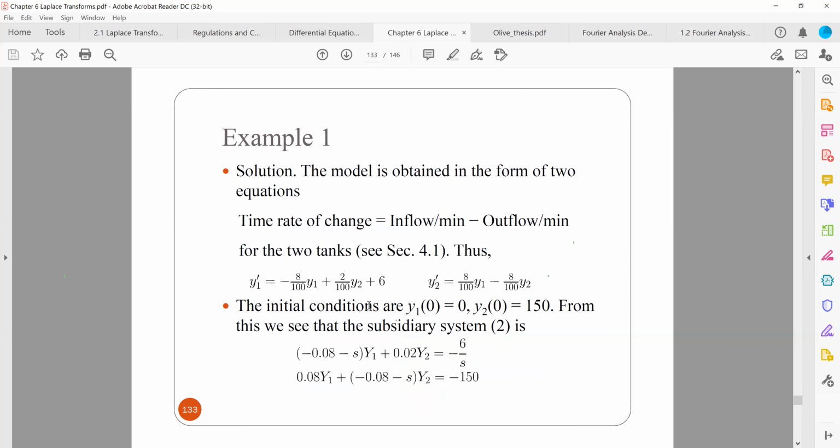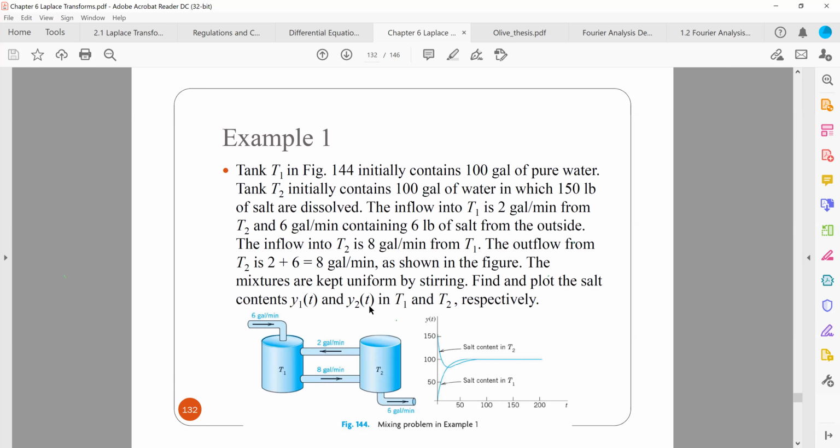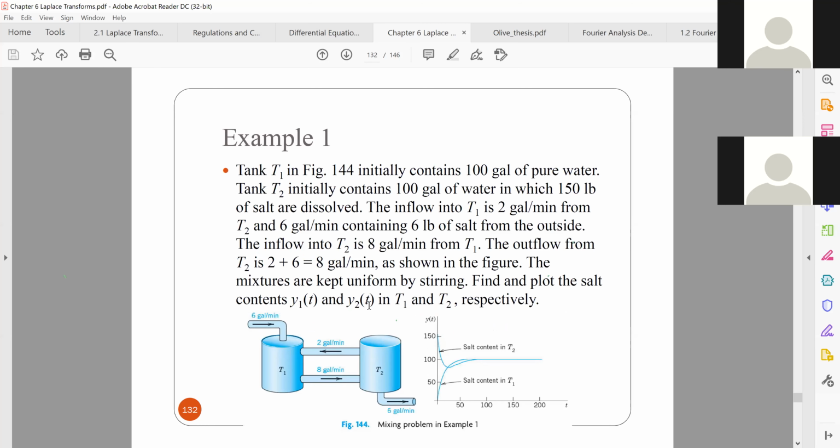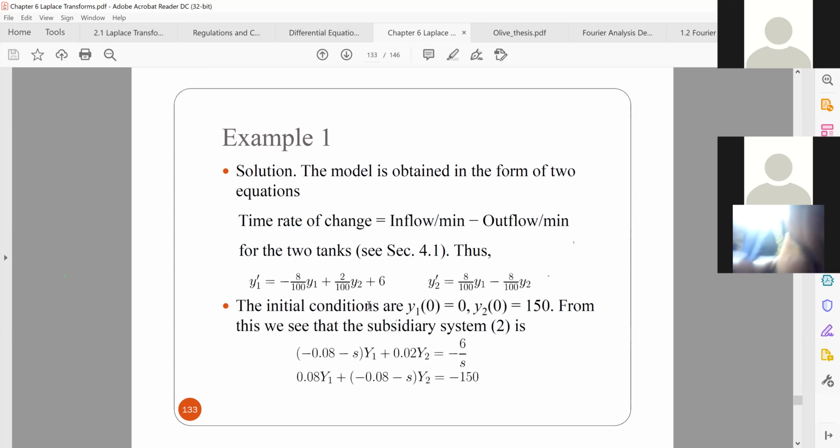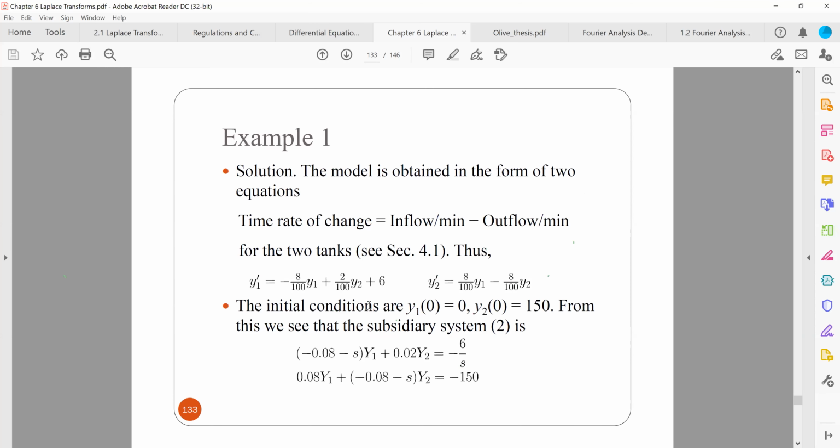So for the rate of change of Y1, tank 1 is losing 8 gallons per minute and gaining 2 from Y2 and 6 from outside, which we said was external, so it has nothing to do with Y2.